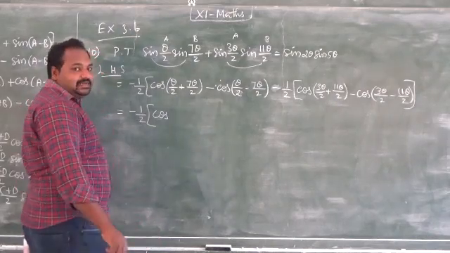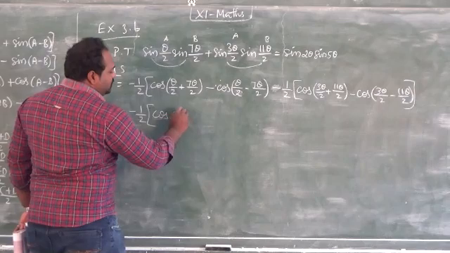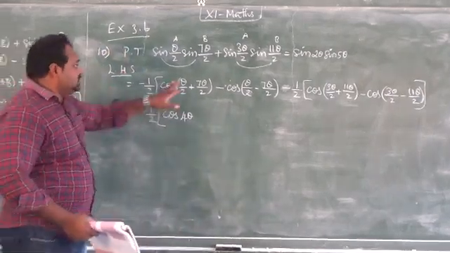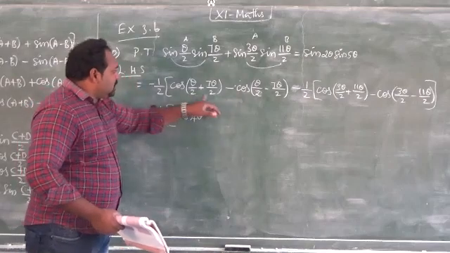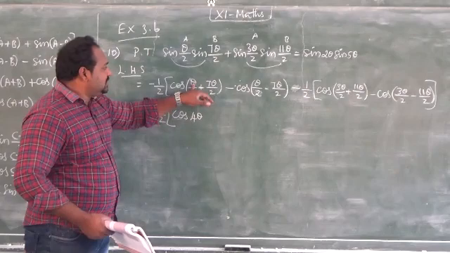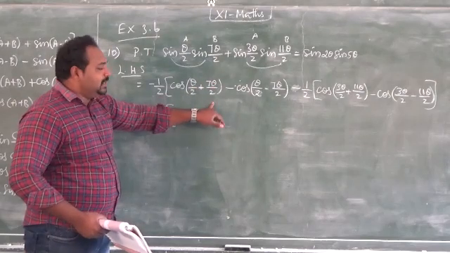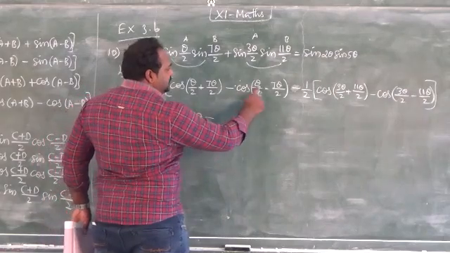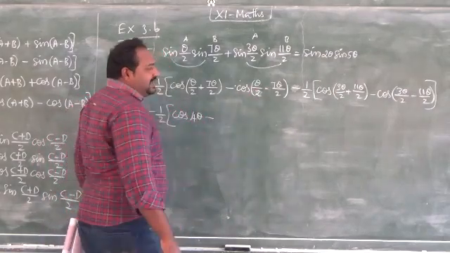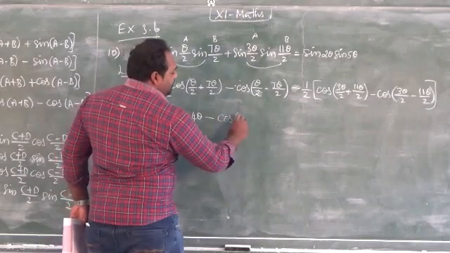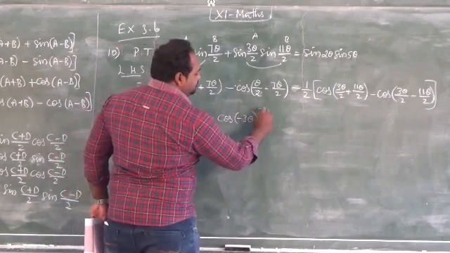If I cancel, 8 theta by 2 is 4 theta. Directly we can do it. We don't need so many steps here, because it's very easy to simplify this bracket, as both have common denominators. Common denominator 2, add the numerators, theta plus 7 theta, 8 theta by 2 is 4 theta. Minus theta minus 7 theta is minus 6 theta by 2, it is minus 3 theta.